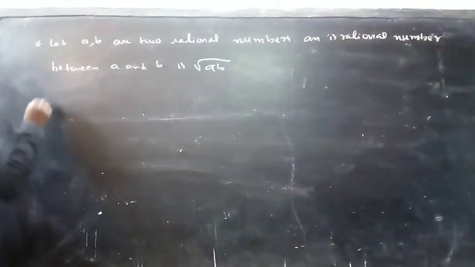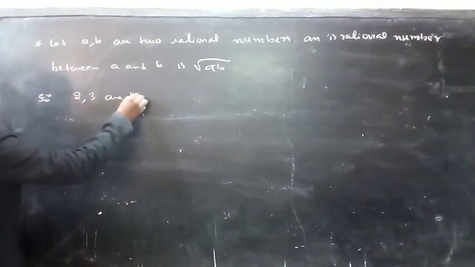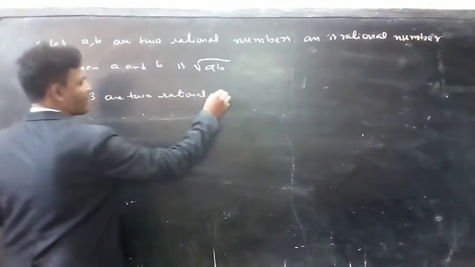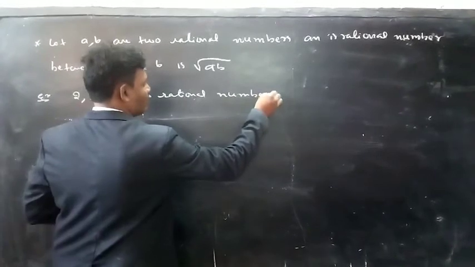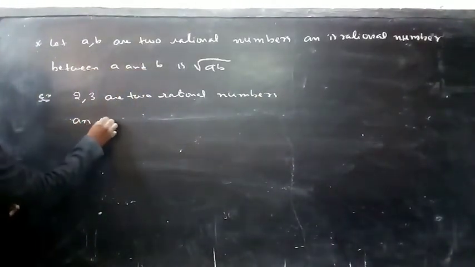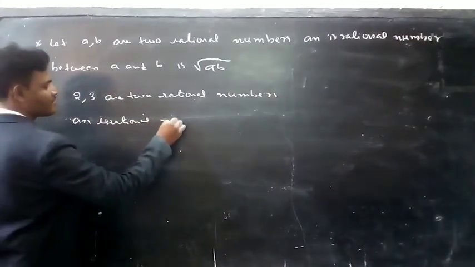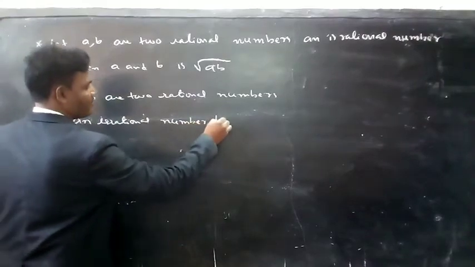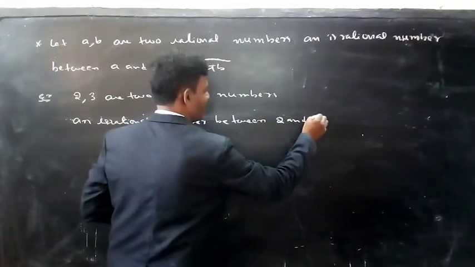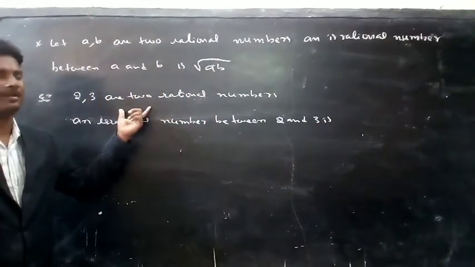Example: 2 comma 3 are two rational numbers.